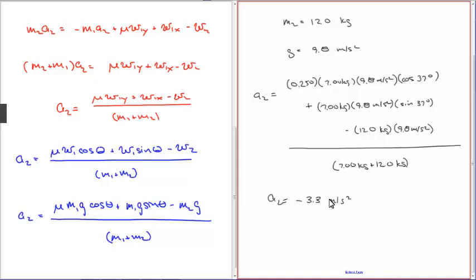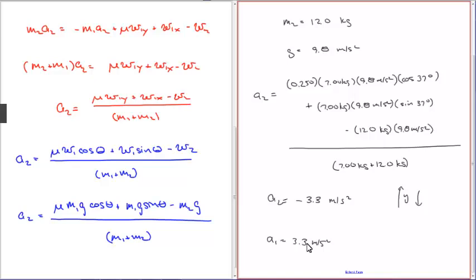So that's A2, so A1 is equal to positive 3.3 meters per second squared. And that makes sense too because item 2 was, we defined positive y is going up. So since y was going up, this means it's accelerating downward, which it is, it's falling. And A1 is positive because it's going the same direction.